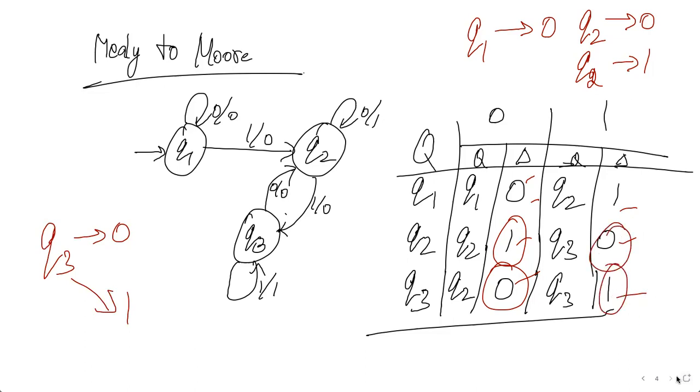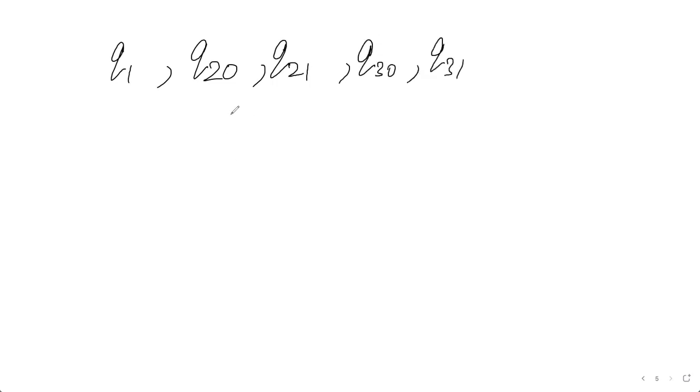So when we are talking about conversion of Mealy to Moore, now we split these states. The new states will become Q1, Q20, Q21, Q30, Q31. Why are we saying Q20, Q21?